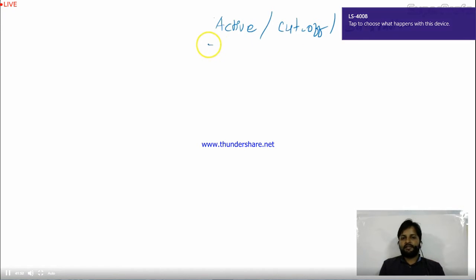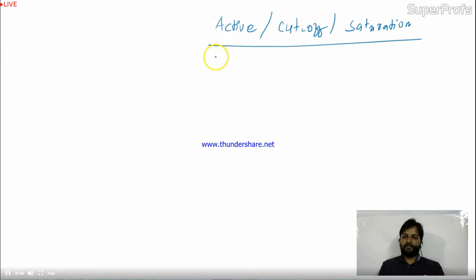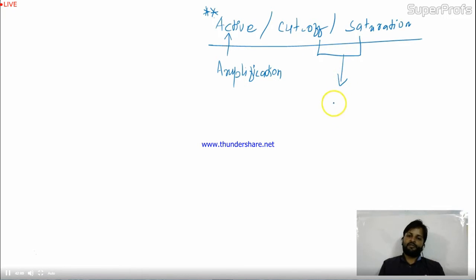The transistor operates in these three regions only, and the active region is very famous or useful because it is used in amplification, and these two are used for switching. Okay. So friends, these three things are very important.